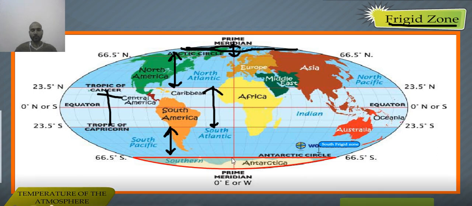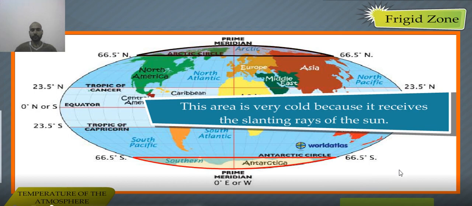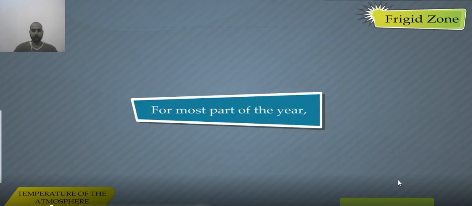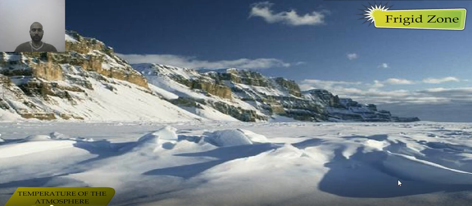Frigid zone, important. This area is very cold because it receives the slanting rays of the sun. These rays travel a long distance and spread over a large extent. For most part of the year, the polar region remains almost frozen.